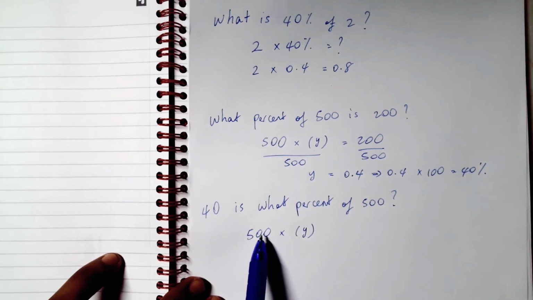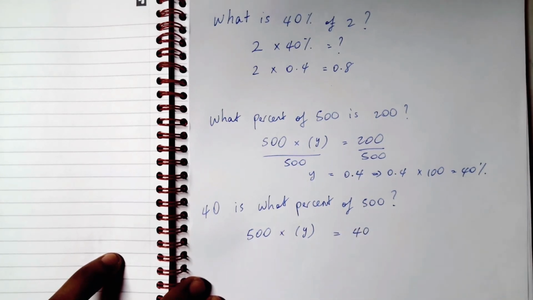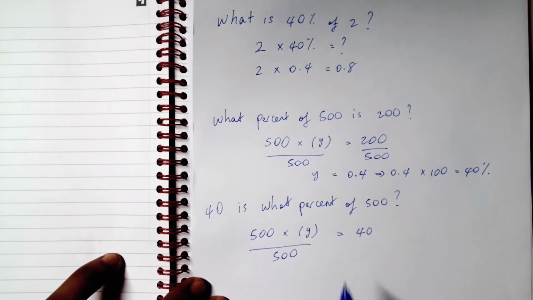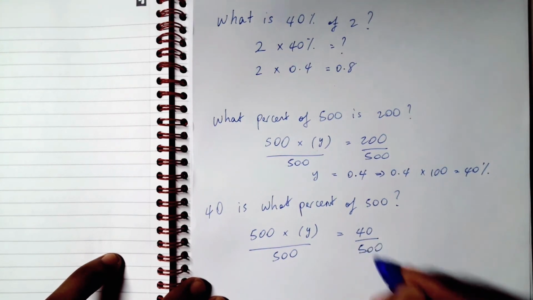We know that 500 is the number we want to find the percent of, and 40 is the result. So we do the same thing. We divide both sides by 500 to get y by itself, because the 500 is being multiplied by y. In order to get rid of the 500, we must divide this side by 500, and we must do the same to both sides to keep it balanced.